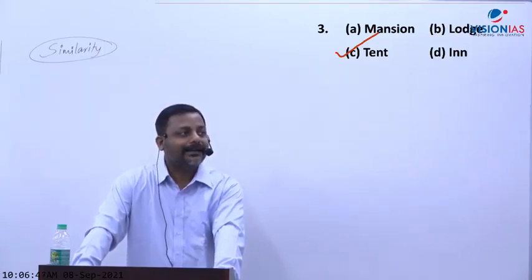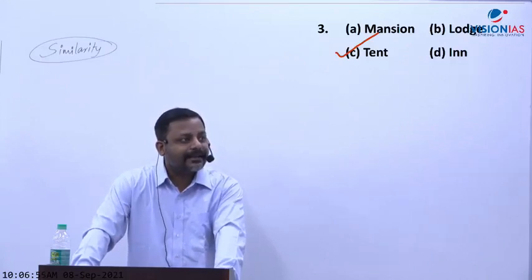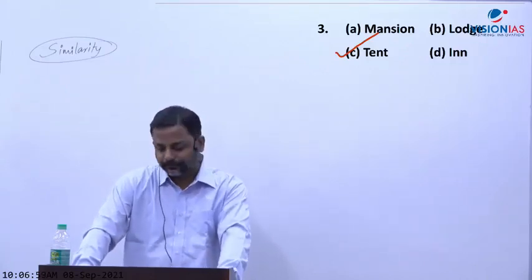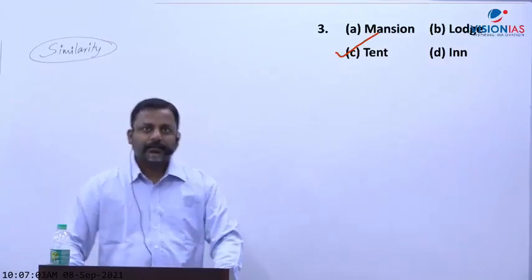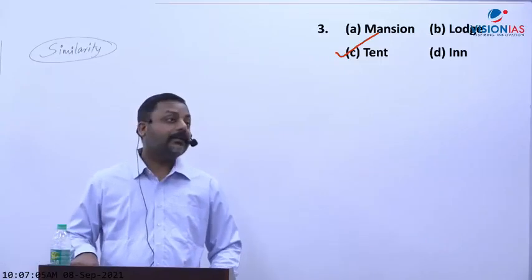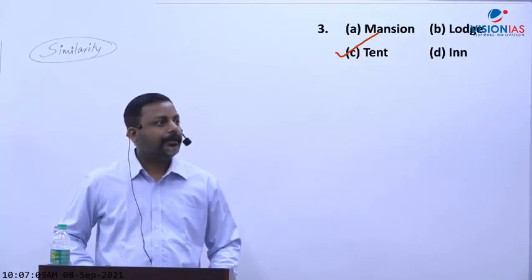But why tent? I just wanted to know the reason. Very good, Yashashvi. Basically, tent is a temporary structure and the other three are permanent structures, you can say, made of bricks.